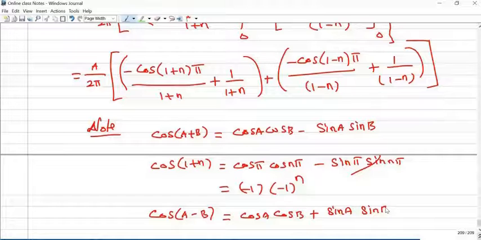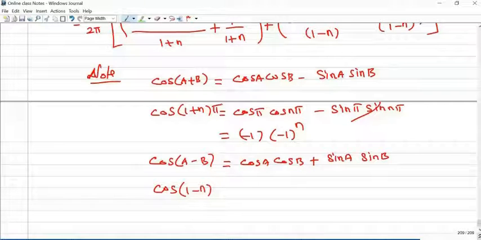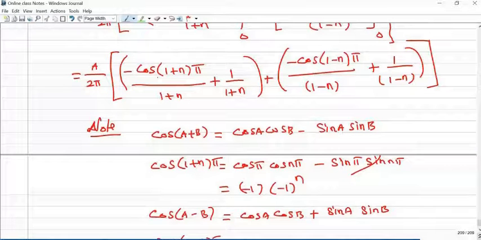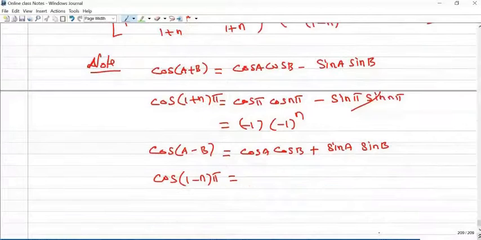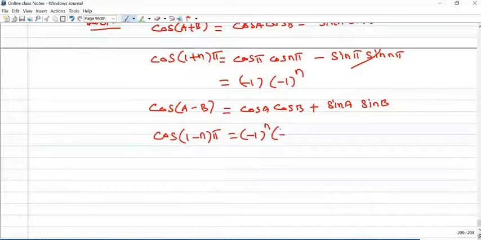So for cos 1 minus n pi, as in the previous step, you will get minus 1 power n, into minus 1.